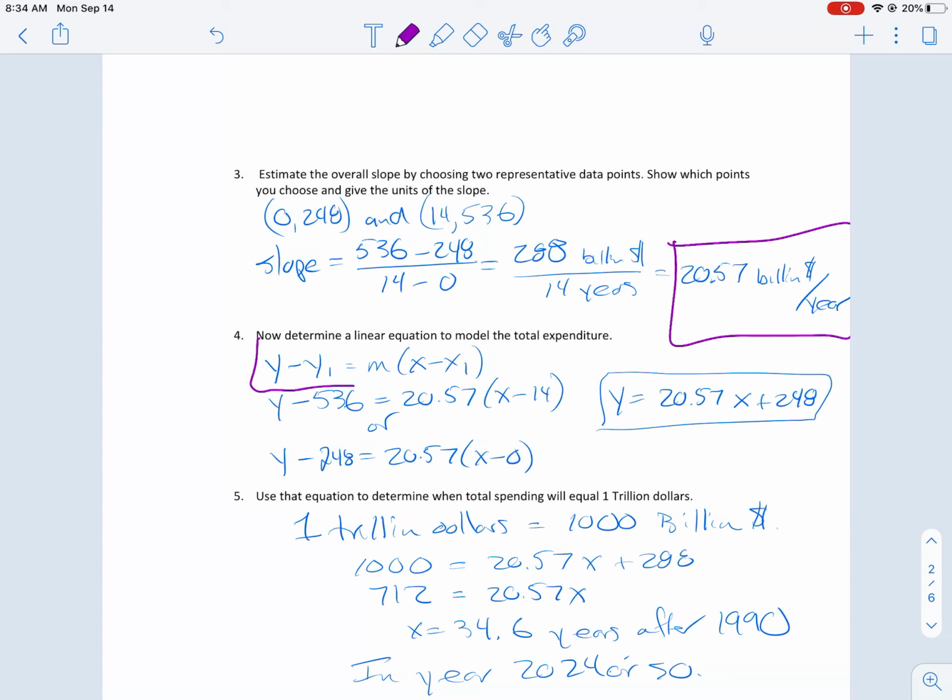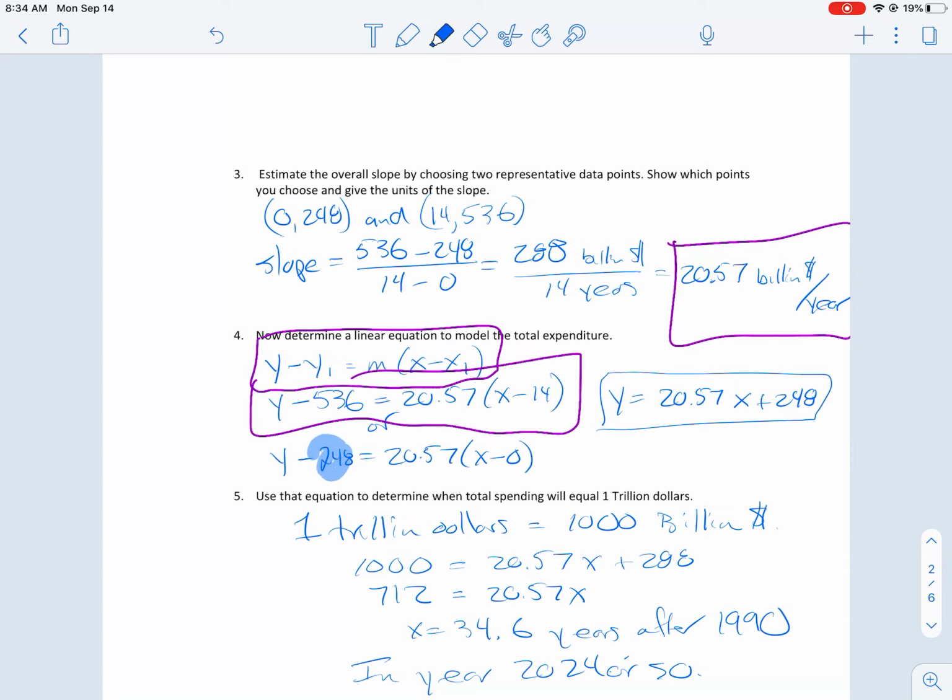And a lot of you had trouble making an equation. So the equation should be, here's the formula for an equation in terms of x, and you can plug in whatever point you want. If you plug in the point 14,536, you get this equation, y minus the y value equals the slope times x minus the x value.